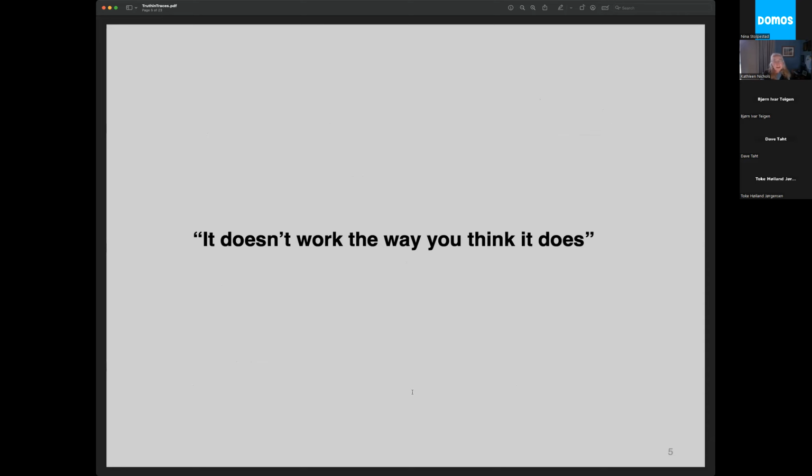So it doesn't work the way you think it does. That's a favorite expression around here, and it's a really great thing that you can find out, because if you actually measure the network, you may have thought that, oh, I'm going to put in this great new congestion control algorithm or this great new AQM.